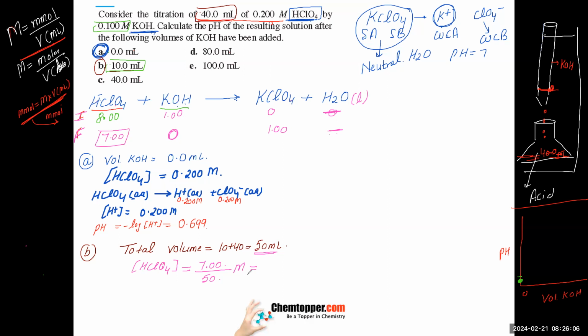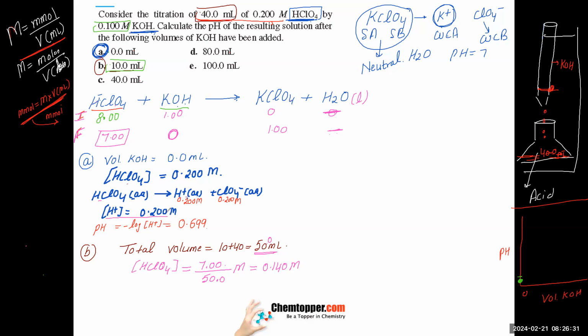Pick up your calculators. 0.140. This is 50.0. Molar. So what is the concentration of the H plus? Isn't it same? You remember HClO4 is fully dissociated.